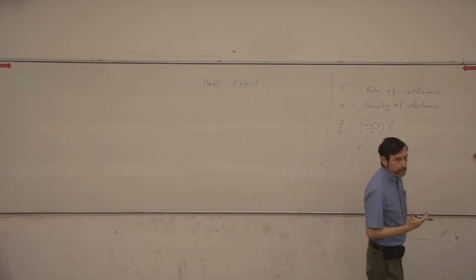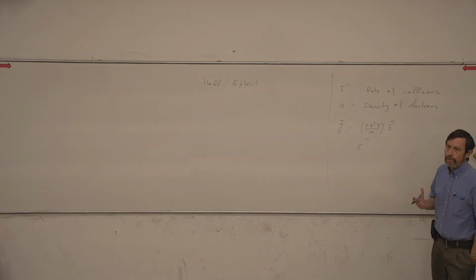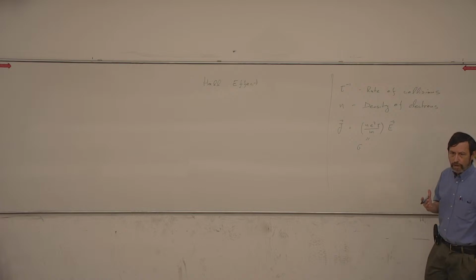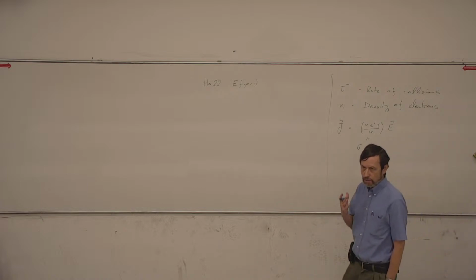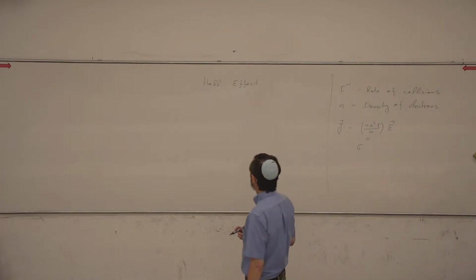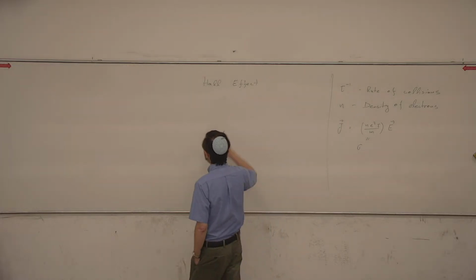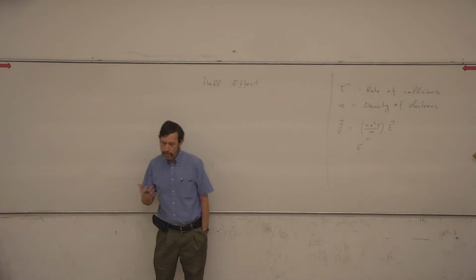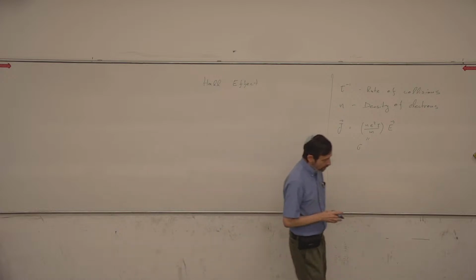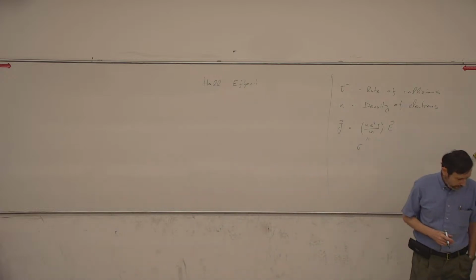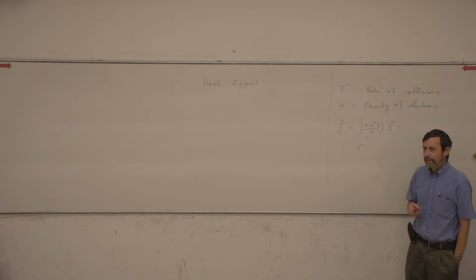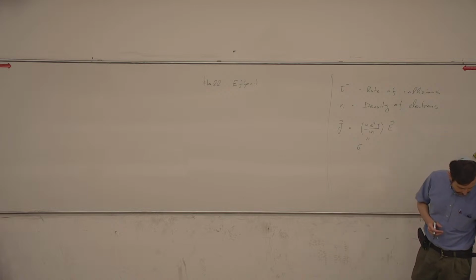What is the Hall effect? It's just the influence of a magnetic field on the conductance of a sample. Before I start defining the geometry and what is exactly measured, I want to give a refresher of mechanics.